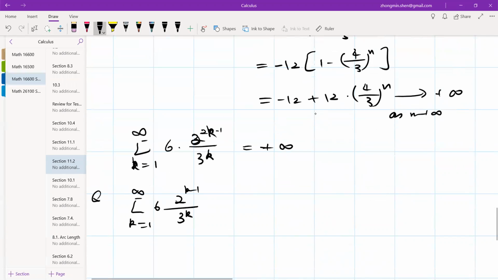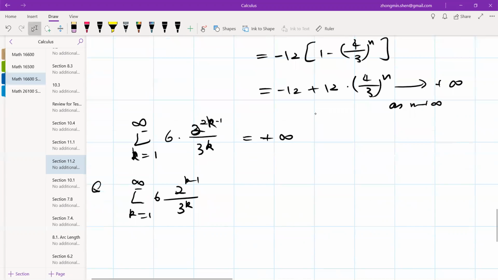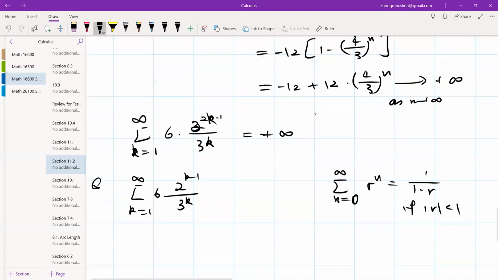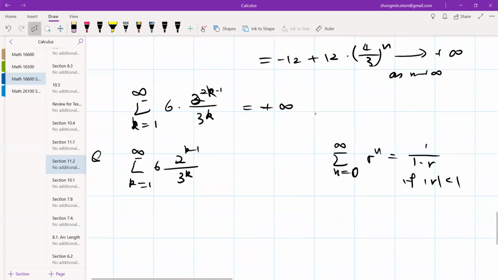Let's do it directly. Remember what we have: the sum from n equals 0 of r to the n is 1 over 1 minus r, if the absolute value of r is less than 1. So I'm trying to change this infinite sum into that form.